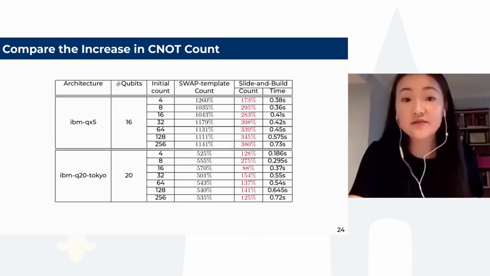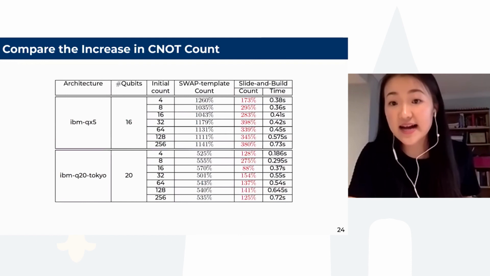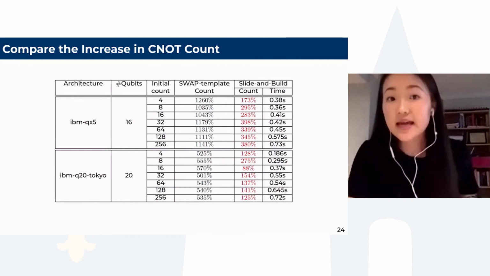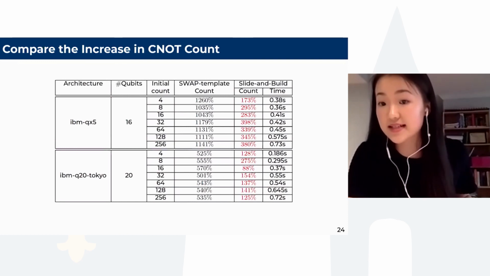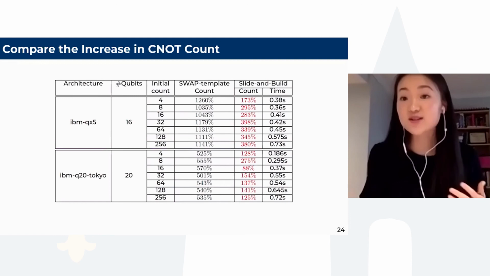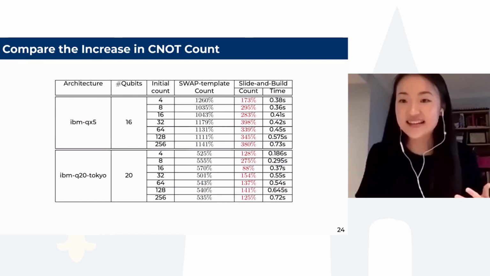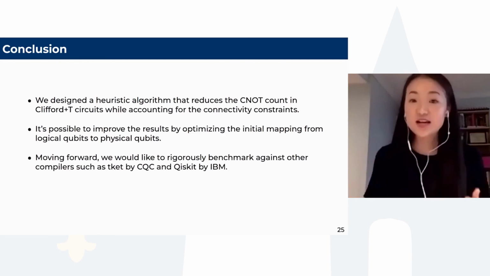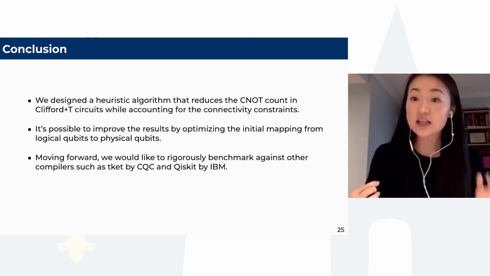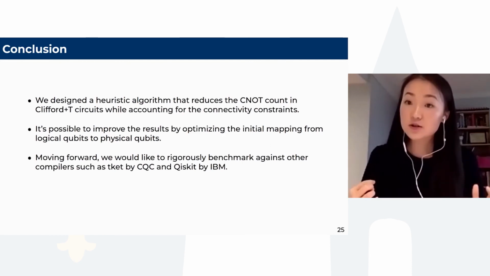It means that if you go further, you'll see that our algorithm still outperforms the naive solution in terms of the increment in the CNOT count. And if you look at the time complexity here, you see that our algorithm is also working in a very efficient manner.